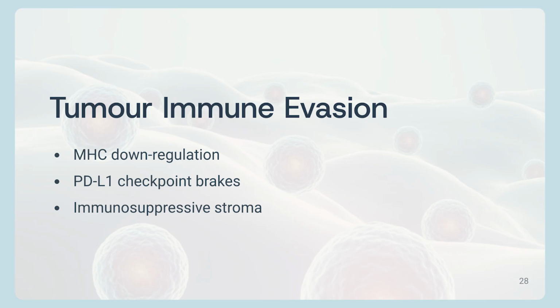This is a protein that binds to receptors on T cells and shuts down the T cells' activity. Also, cancers often modify their environment, creating an immunosuppressive stroma. Think of the word stroma as environment. Cancer can create a local environment that weakens immune cells, so your body can't attack the cancer as effectively.